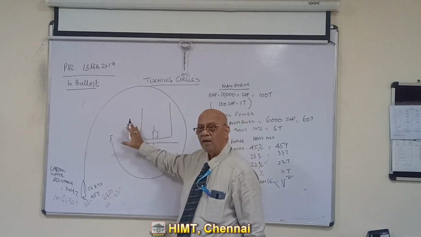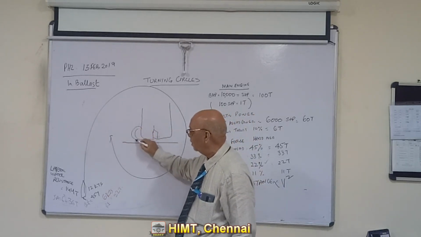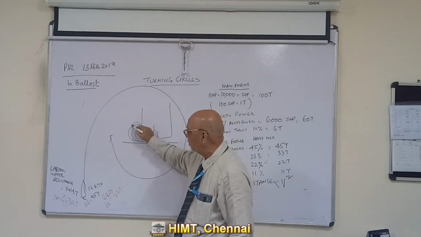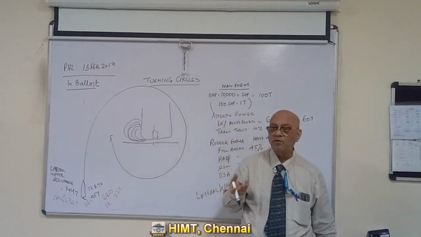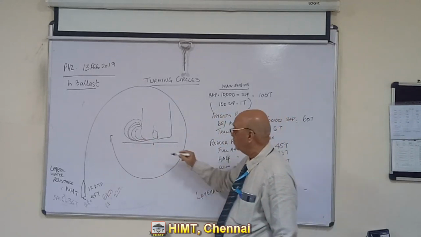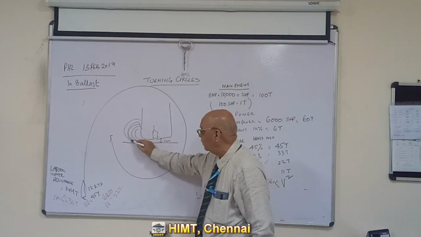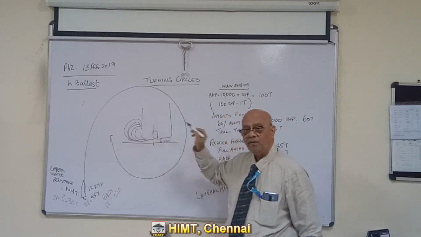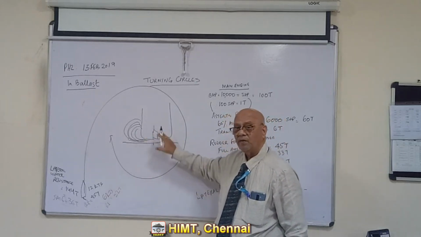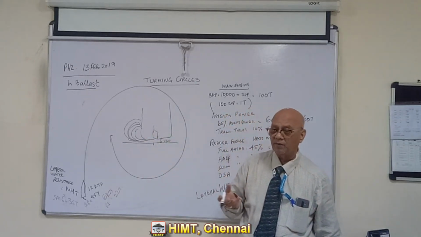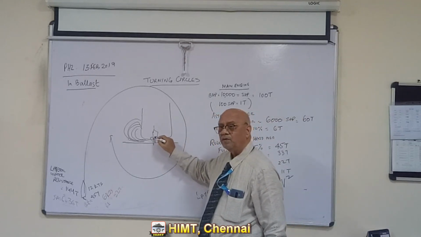The stern will get pushed over. Now water from here cannot flow freely under because UKC is less. Yes, UKC is less. This water is unable to flow freely under, and the water around the propeller is not replaced very easily.